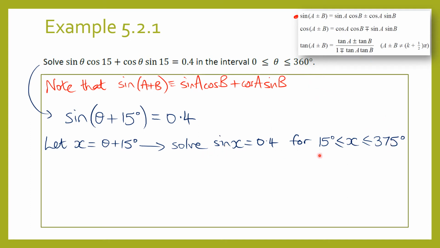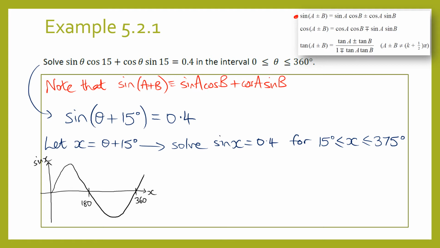So we're going to find all the x values that satisfy this equation, and then at the very end take 15 off them all, and that will give us our theta values. I'm going to do a very quick sketch of the sine graph. There we go, quick sketch of the sine graph.